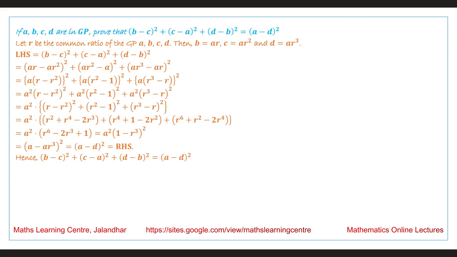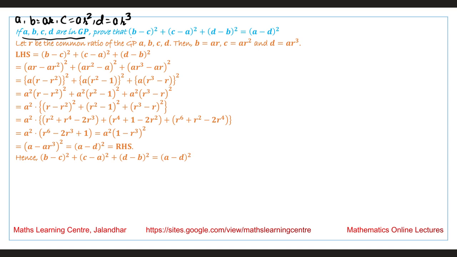Now in this question, it is given that A, B, C, D are in GP, and we have to prove this result. So if A, B, C, D are in GP, then we have A, then if the common ratio is R, B is equal to AR, C is equal to AR square, and D is equal to AR cube.